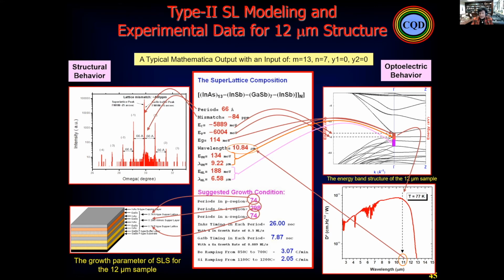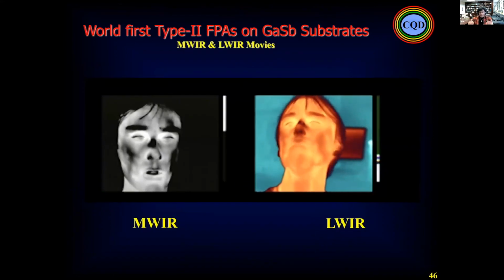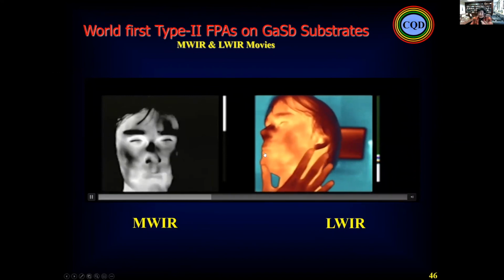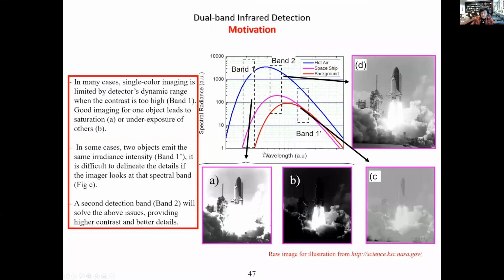And that we did, and we tried to demonstrate for the first time in the world that yes, that is possible in mid wavelength, in long wavelength, and after that they came to say two color. Why? Because if you have only one band, you can see only that. The second band, you can see only that.